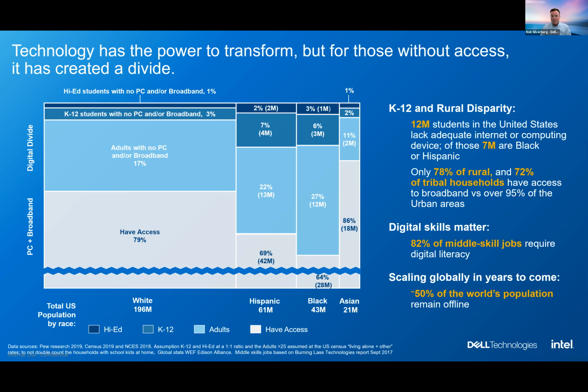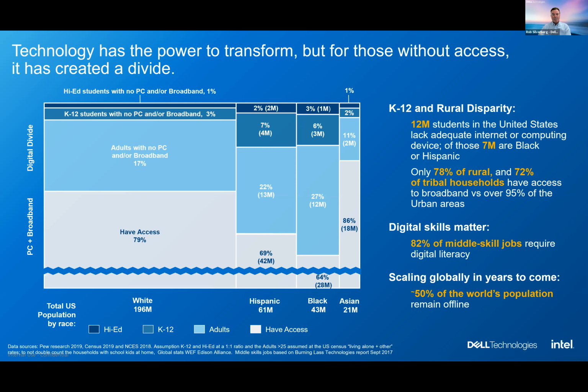We also have a problem with rural communities that are disconnected or underserved. And as we look at how to bring connectivity, how to bring devices, put them in the hands of those that are underserved, that's clearly a problem that we're looking to address. It's also important to note that 82% of middle skill jobs require digital literacy.